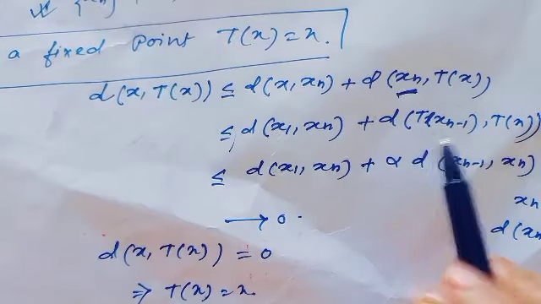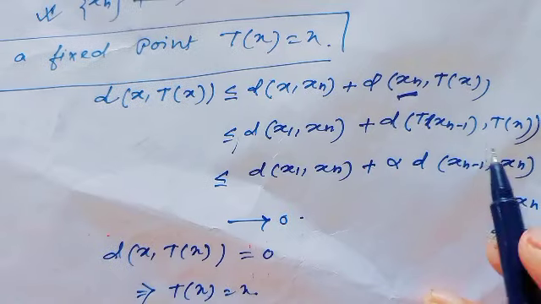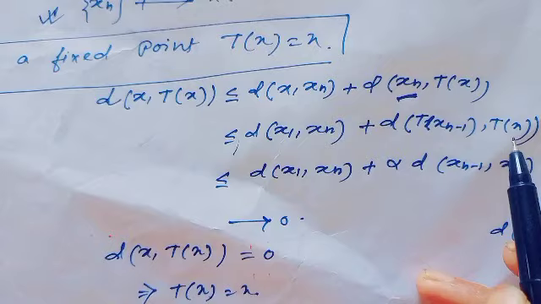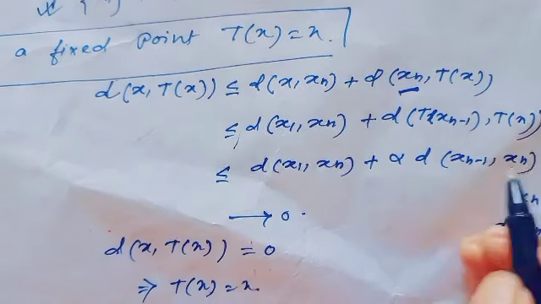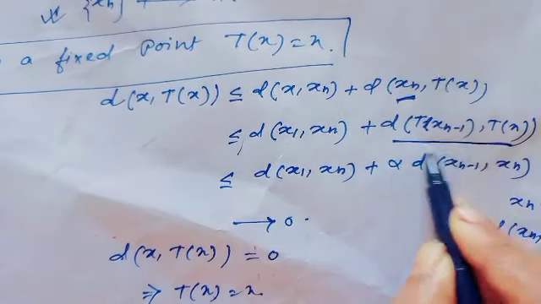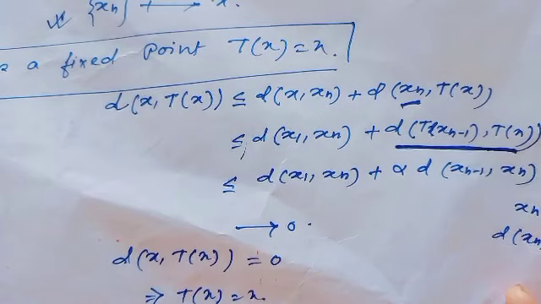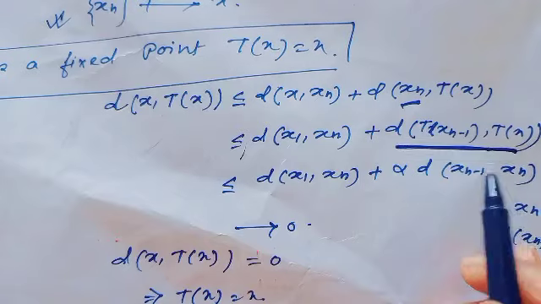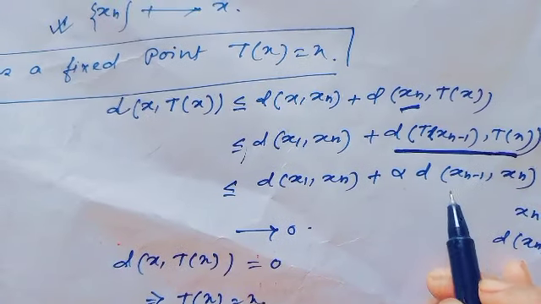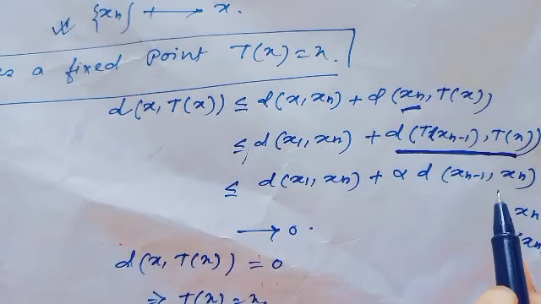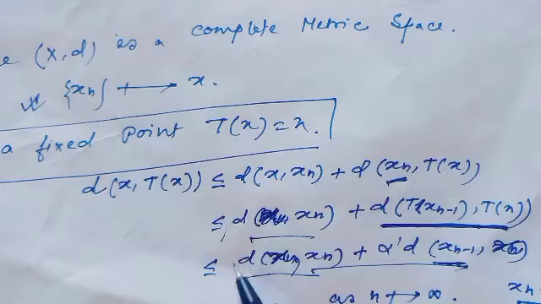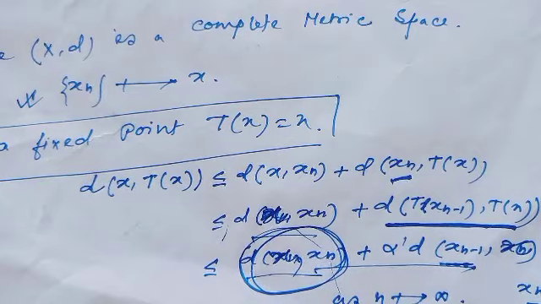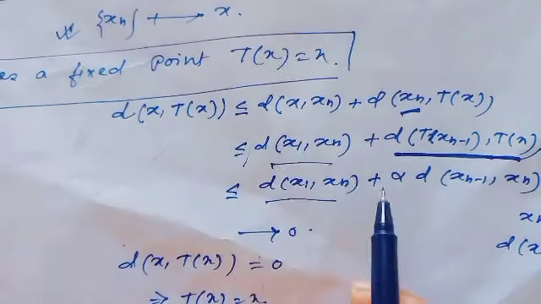We can write xn equal to t of xn minus 1. Here, distance between t of xn minus 1 comma t of x, by the contraction mapping, is less than or equal to alpha times distance between xn minus 1 comma x. Here d of x comma xn is similar as before. Then plus this part.